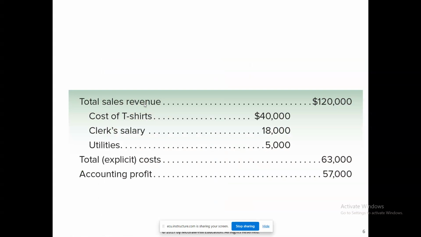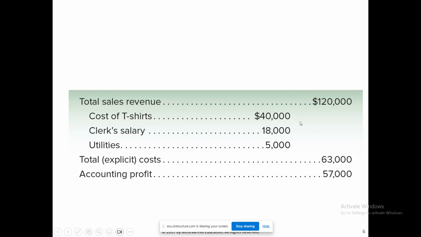Here's an example. If for a t-shirt business, the total revenue for this financial year is $120,000, then subtract the costs for paying for the raw materials, such as cost of cloth, packaging, and distribution, and then subtract the cost of the labor, or the amount you pay your workers, and further subtract payment for utilities, the sum of which is $63,000.